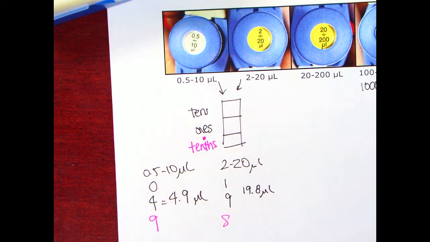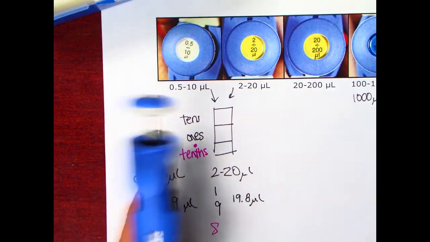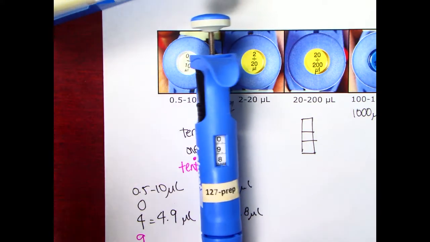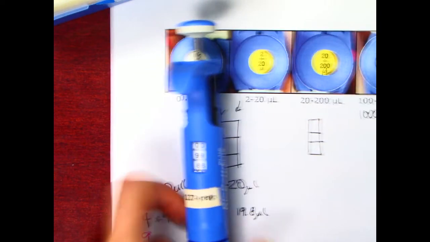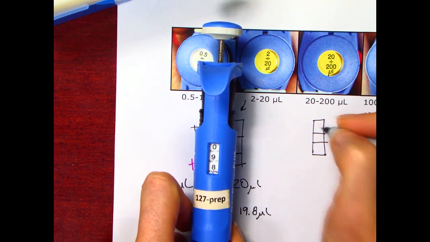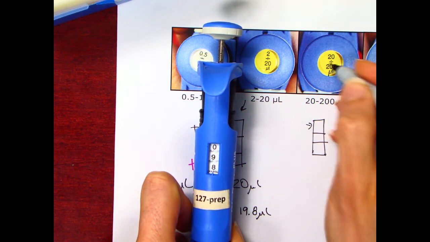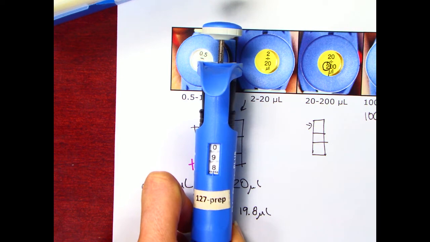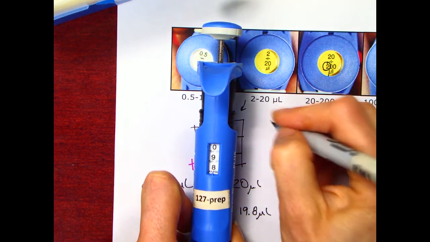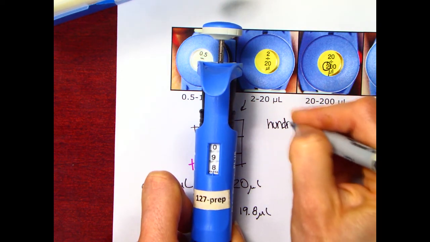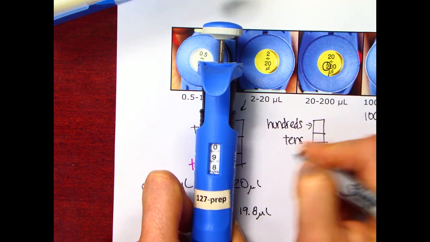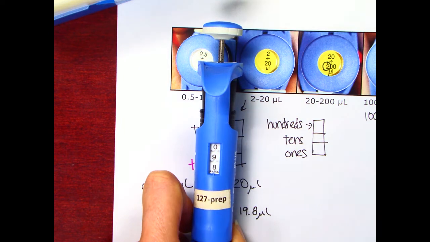The next one to look at is the 20 to 200. It's also going to have three numbers, and they are all black. We know already that this top box is going to be the same digit as the highest digit in the highest volume. So this is going to be the hundreds place, which is going to make this the tens place, which is going to make this the ones place.